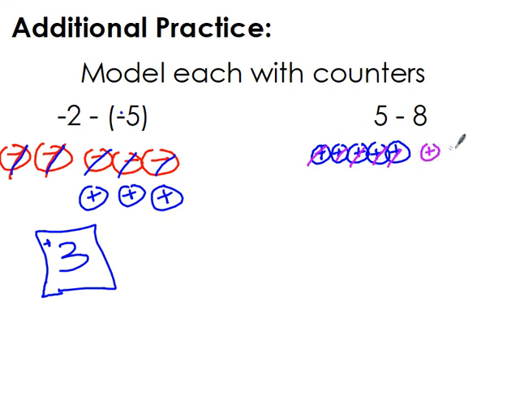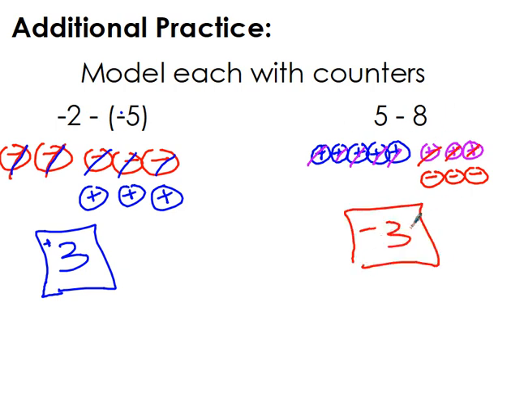But I don't just get to add those 3 to take them away. If I ever have to add counters that weren't already there, I have to add them as zero pairs. So I added 3 zero pairs because now I have 3 more to take away. So that was able to take away 1, 2, 3, 4, 5, 6, 7, 8. I started with positive 5 and I subtracted 8, and my answer is negative 3 because that's what's remaining.